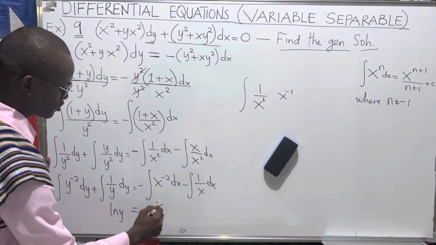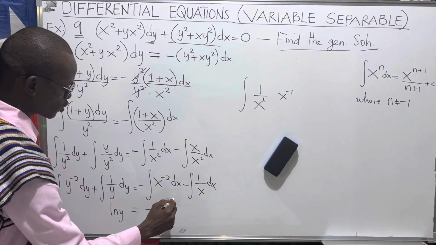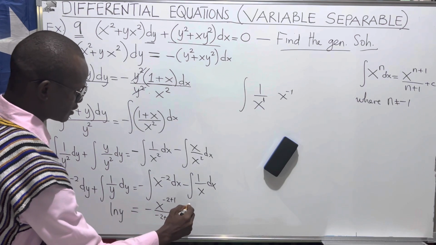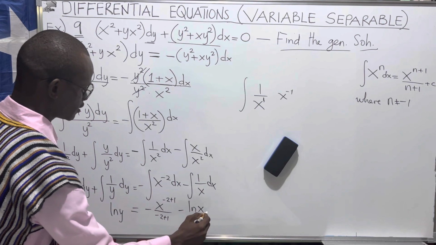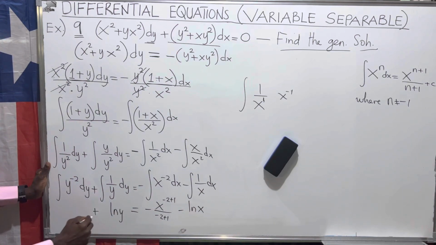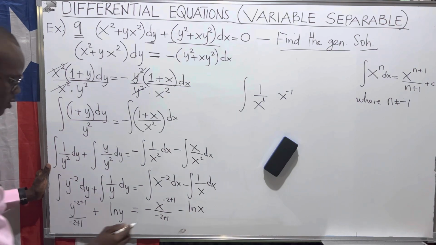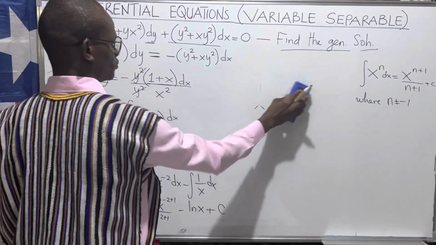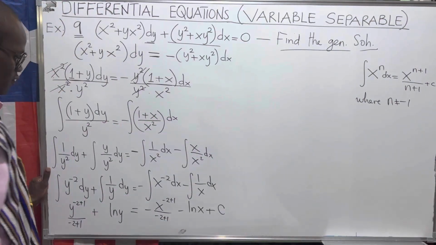Now this is x to the power minus 2 plus 1 all over minus 2 plus 1. Minus this is just also ln of x. And this side is minus 2 plus 1 all over minus 2 plus 1. So plus some arbitrary constant c. So we further simplify.